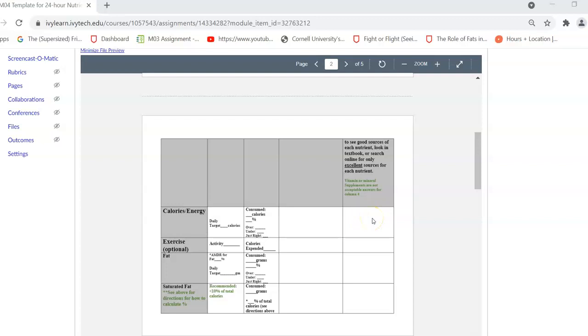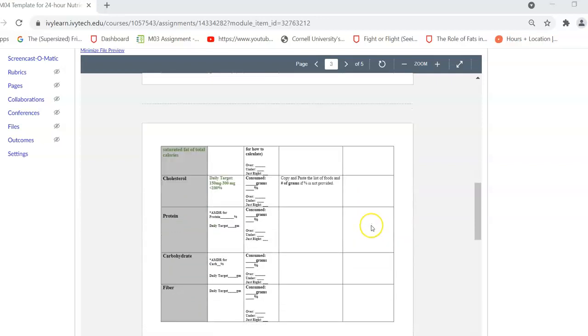But for example, if you were over in calories, you might put in here, avoid Coke, decrease my portion of meat, substitute fruit for my potato chips. Okay?